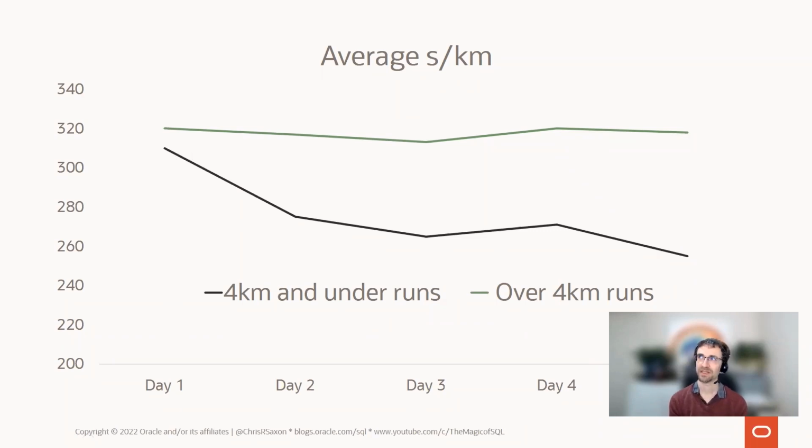There's another interesting thing about this. In the interest of keeping things simple and easy to explain, I've assumed everything is just 1 kilometer or 5 kilometers. In reality, I've got a running tracking app on my phone, which tells me how far I've run. That tracks things down to the nearest 10 meters, right?